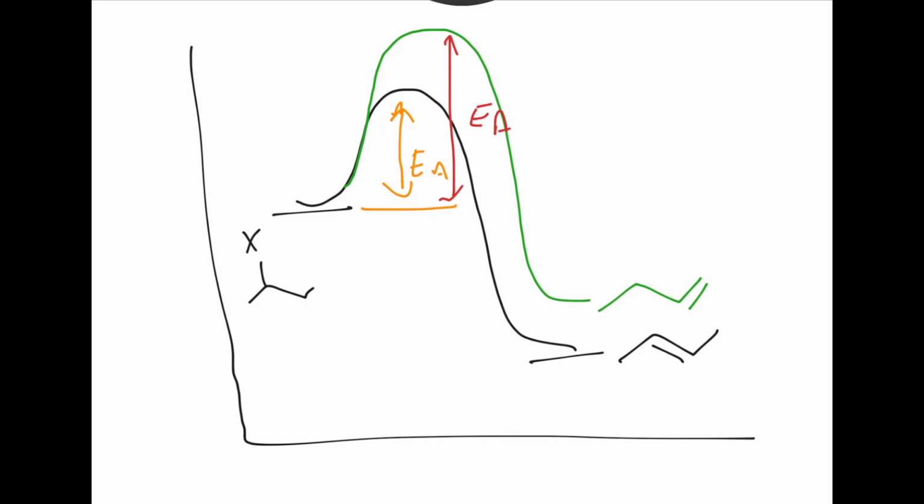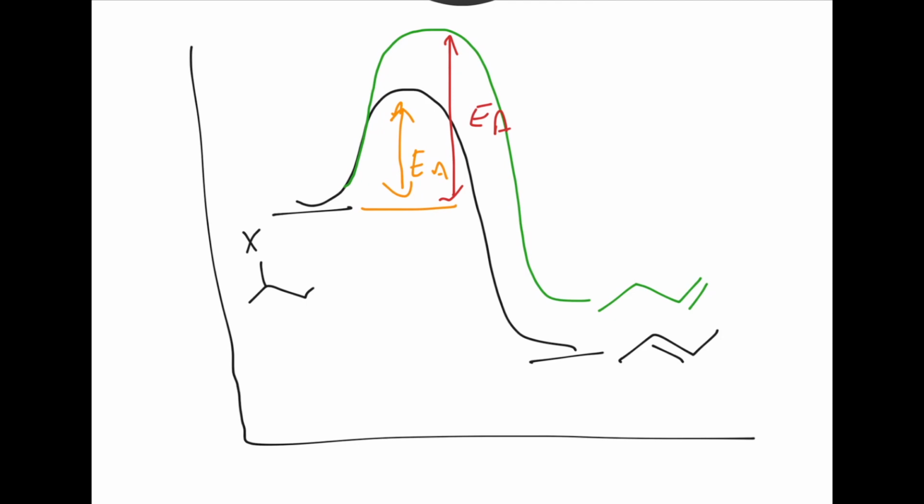So if given a choice, the molecule is going to go the path of least resistance. It's going to go the path that has the lowest activation energy to lead to the product. So the reason it picks the most stable double bond is because that's the double bond that forms fastest because it has the lowest activation energy.